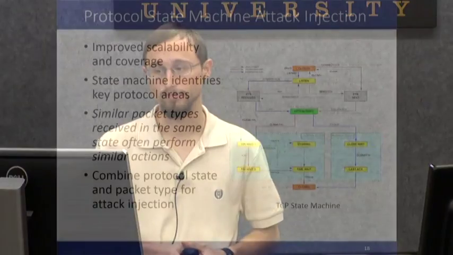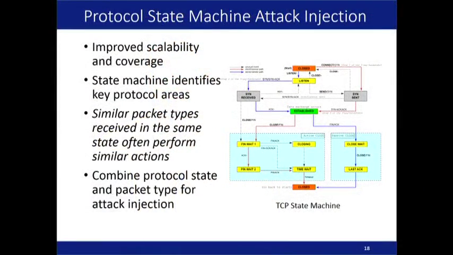We propose protocol state machine attack injection, which leverages the protocol state machine to provide improved scalability and coverage. On the right-hand side of this figure is TCP's state machine. You'll note that the state machine identifies key protocol areas.